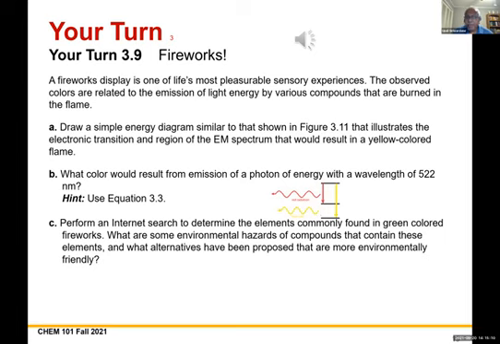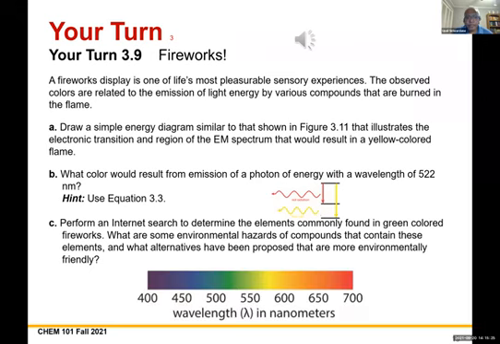Barium also produces a nice green color. Barium is a heavy metal, so there are environmental consequences when you have them. So different colors are produced by different elements.